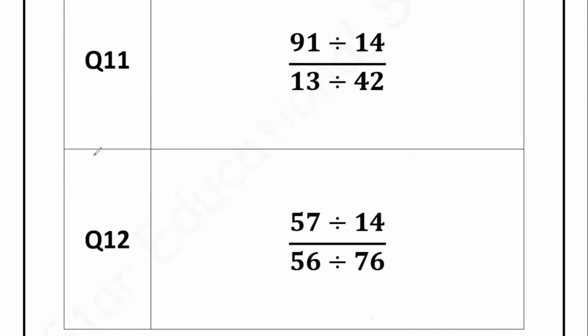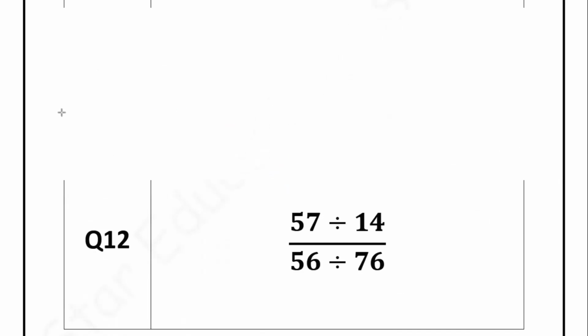12th one. I believe that's the last one. So 57 over 14. You can write the division sign if you like, but we're going to go step by step. So again, we put that big division like that, and 56 over 76.